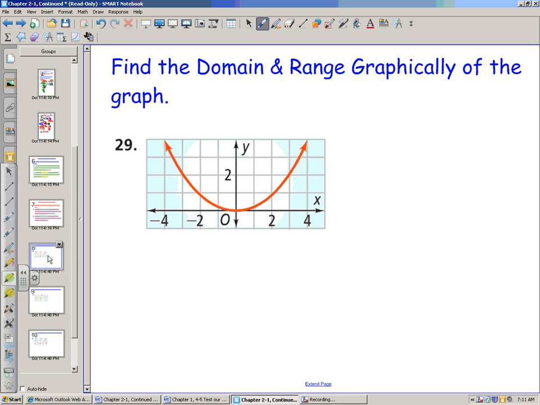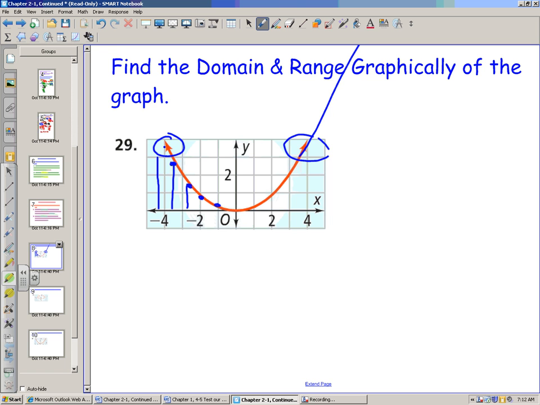The domain. In other words, as x gets really small, do you see the points here? Do you see there's a point that corresponds there? There's a point that corresponds here. X is getting smaller, isn't it? Do you see that it stops? We can't see anything else. But look at those arrows.